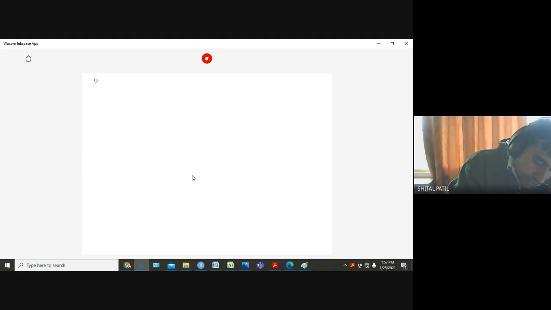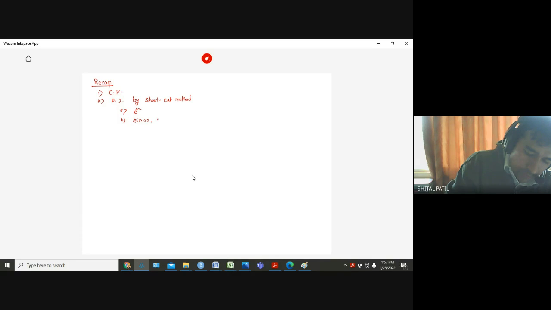So, recap. What we studied till now: we studied complementary function. Then we started with the particular integral by shortcut method. In that we studied the shortcut method for exponential function and trigonometric function.